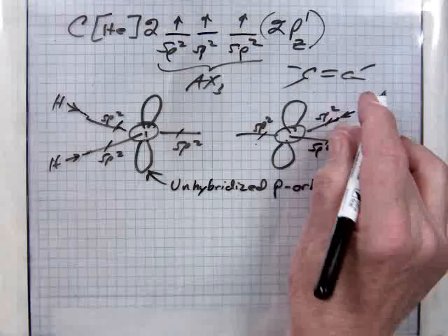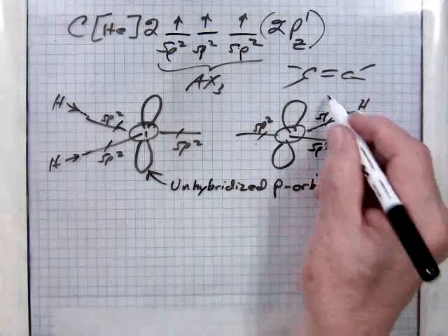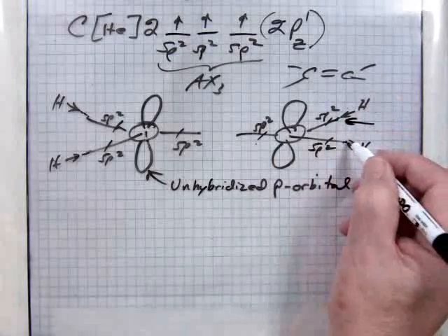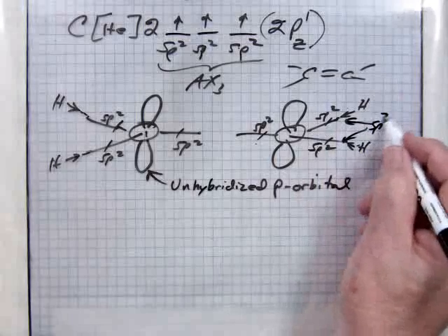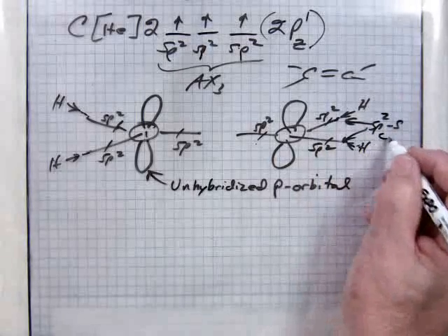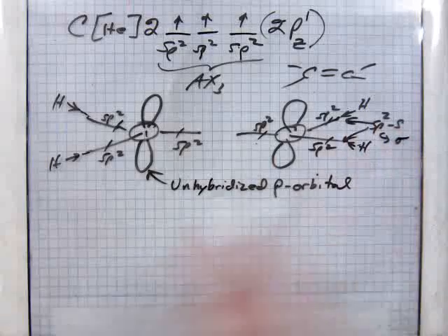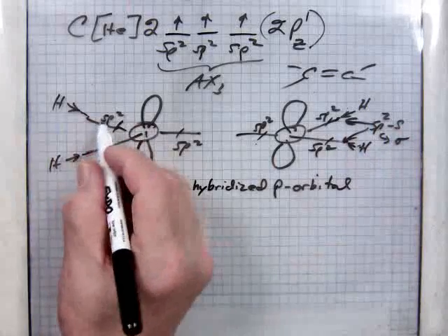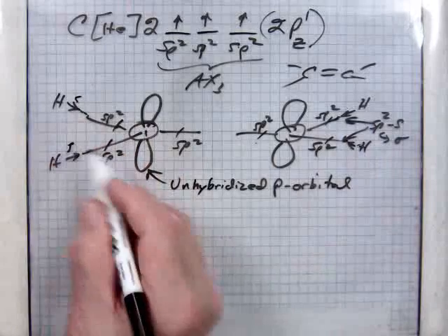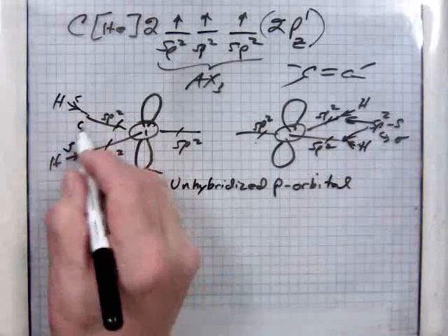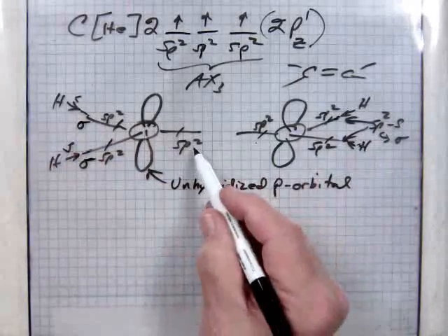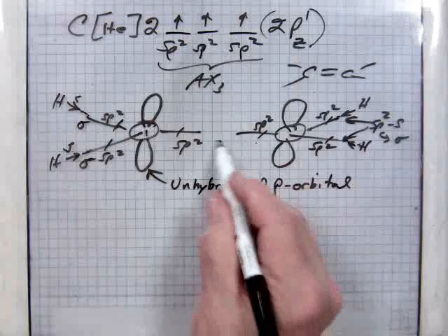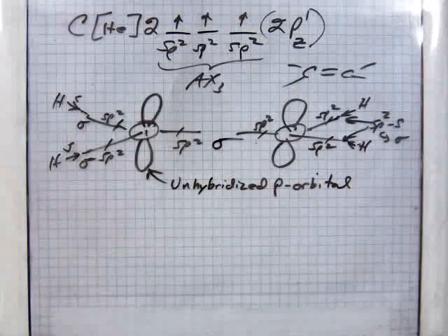This will be sp2s overlap, which gives us two sigma bonds right there. And this one will be an s and an sp2 overlap, and it'll be another two sigma bonds. sp2 overlapping sp2 is another one. You have 5 sigma bonds in there.